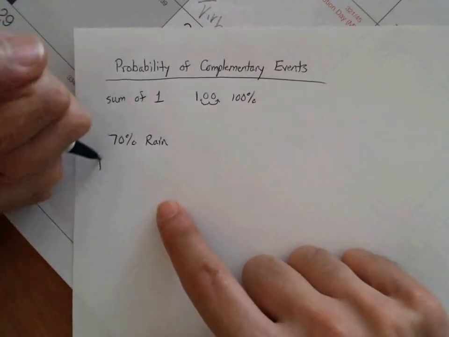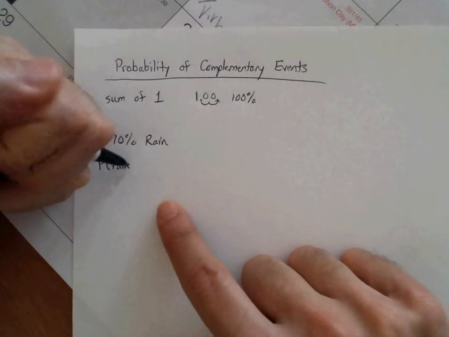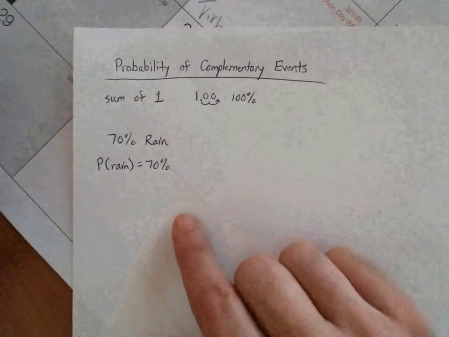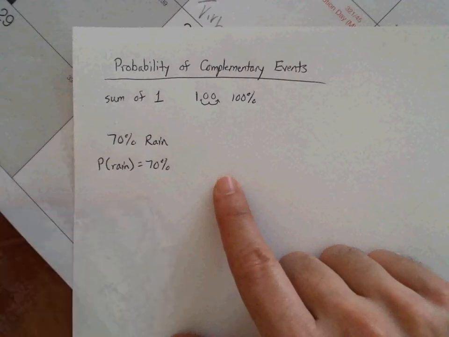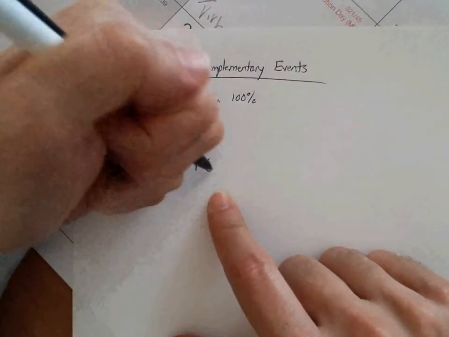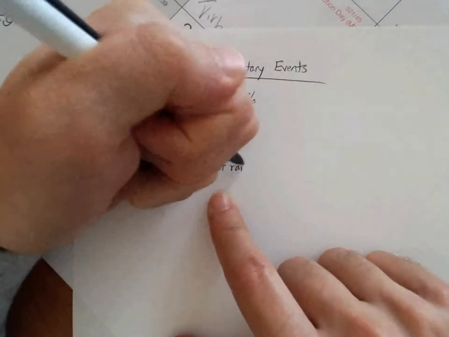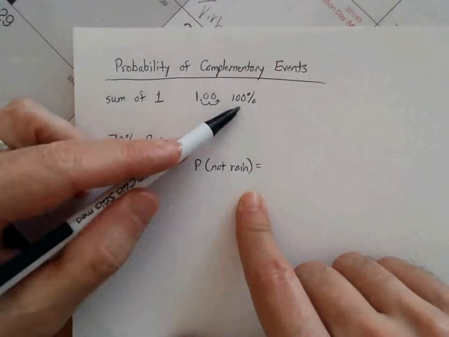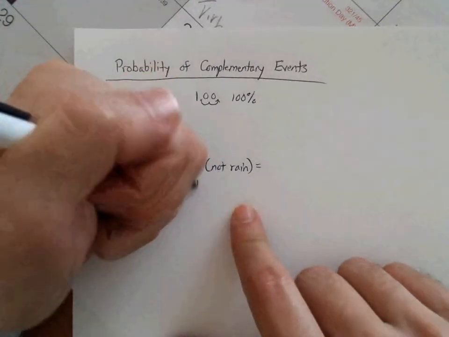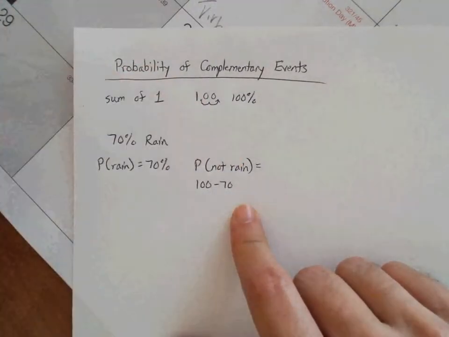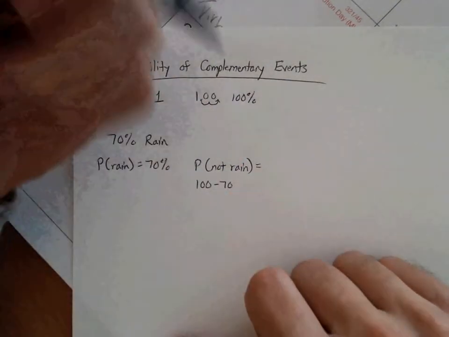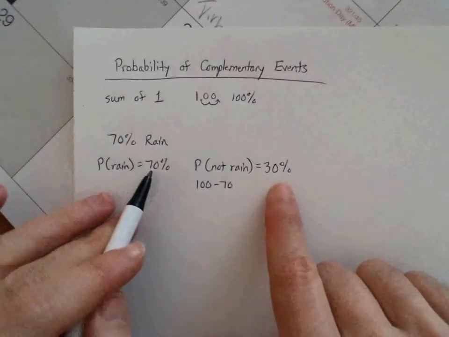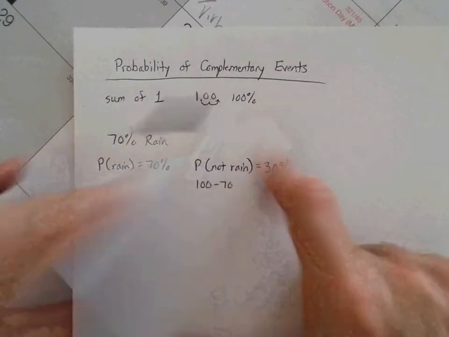So if the probability of rain on that day is 70%, to get the complementary event, the probability that it's not going to rain, you simply take that 100% and subtract 70 from it. So you do 100 minus 70. If you're keeping it in percent form, you'll have an answer of 30%. So complementary events, once again, sum together to give me that 100%.